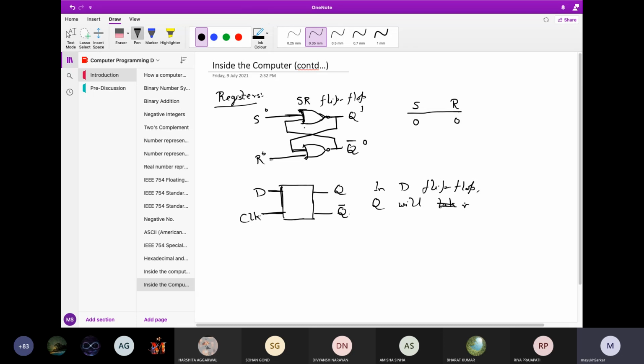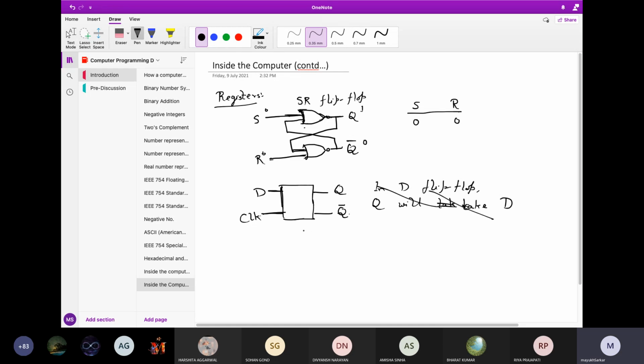Q will take D. Depending upon how you are going to design the clock signal, you can vary it. Maybe when the clock is high, Q will take the value of D. Right? It can be designed in such a way.